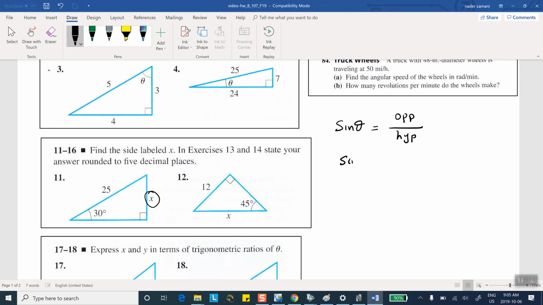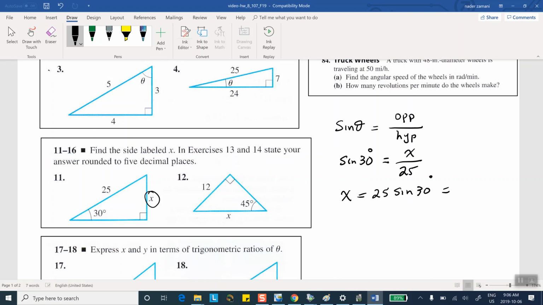Now sine of 30 degrees is equal to opposite, which I don't know, x, divided by 25. So x simply is equal to 25 sine of 30 degrees.